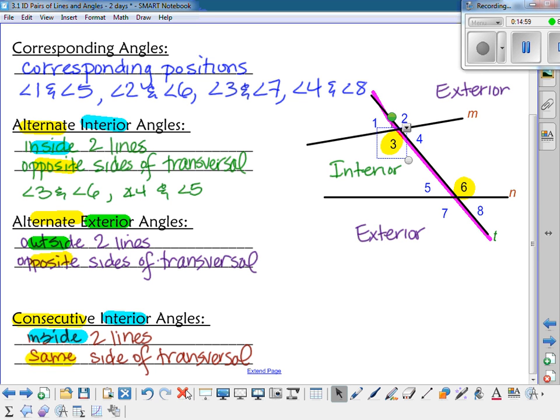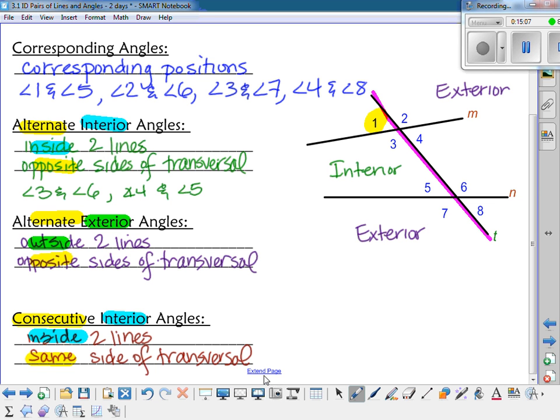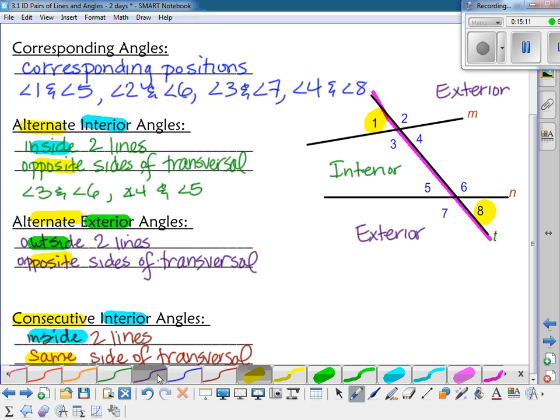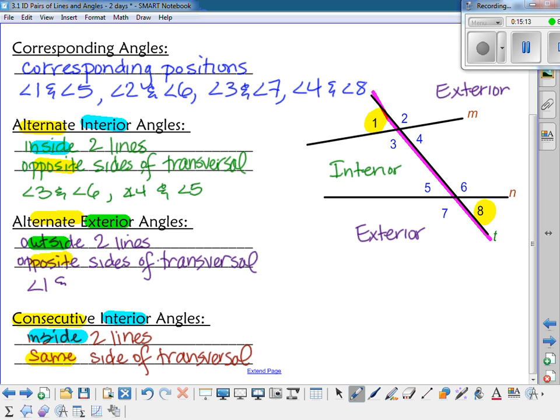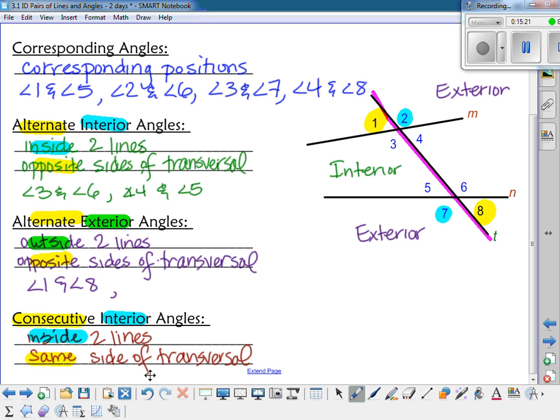Then looking at alternate exterior angles, I have to go on the outside here. 1 is on the left side of the transversal, 8 is on the right side, so those are alternate exterior angles. So angle 1 and angle 8. And angle 2 and angle 7 are also alternate exterior angles.